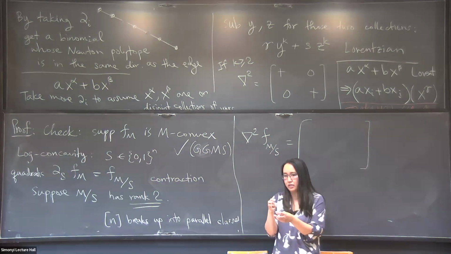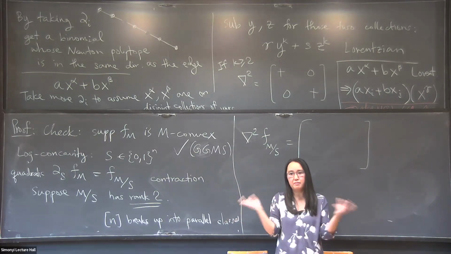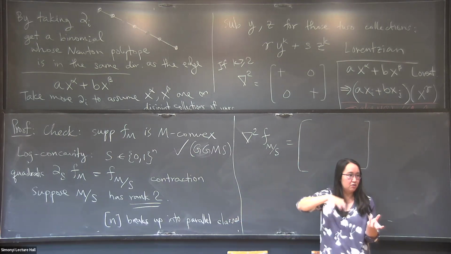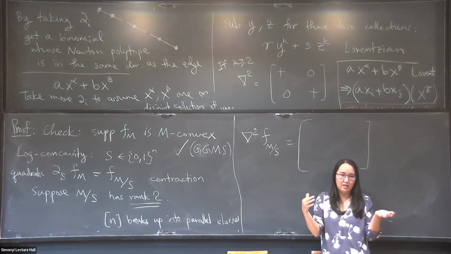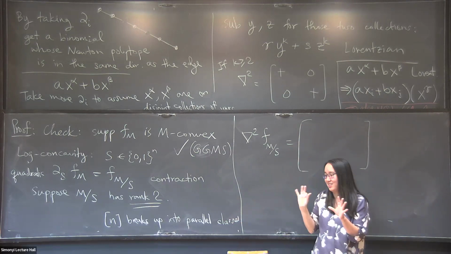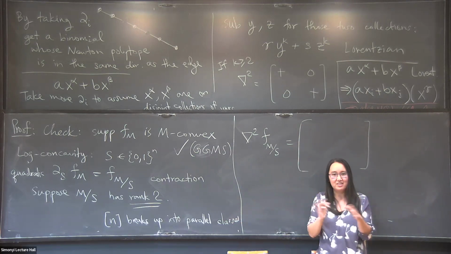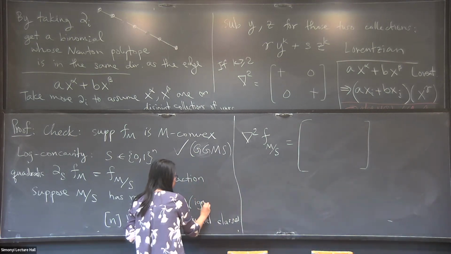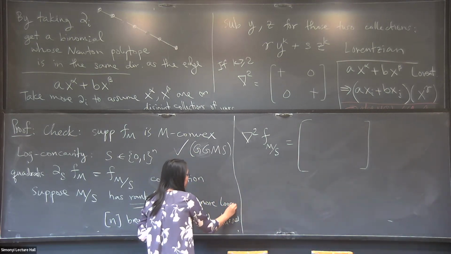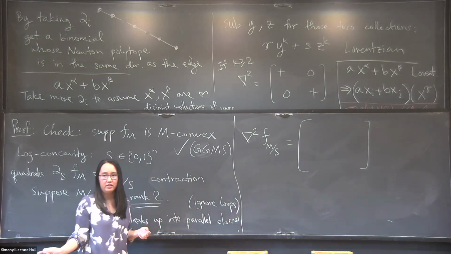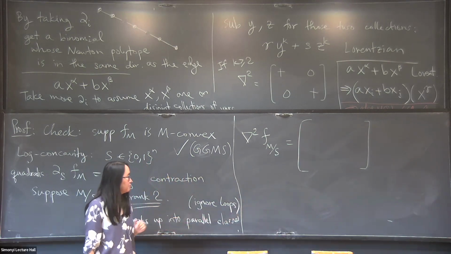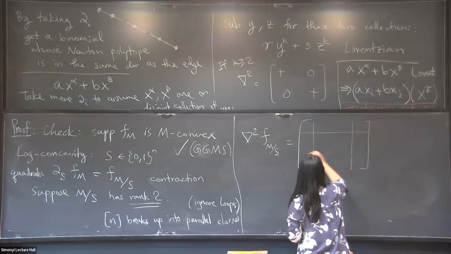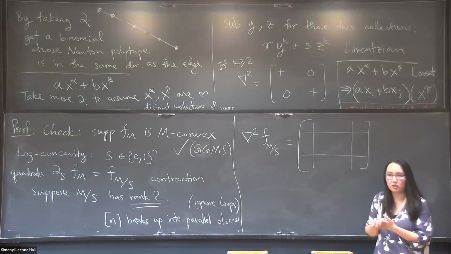Loops are the elements that do not appear in any basis, which means the corresponding columns are all 0 columns, which do not affect my negative semi-definiteness. So we can ignore the loops. Suppose they never even existed. And then the rest break it into parallel classes. Maybe some are big and some are small, so it comes into this block structure.